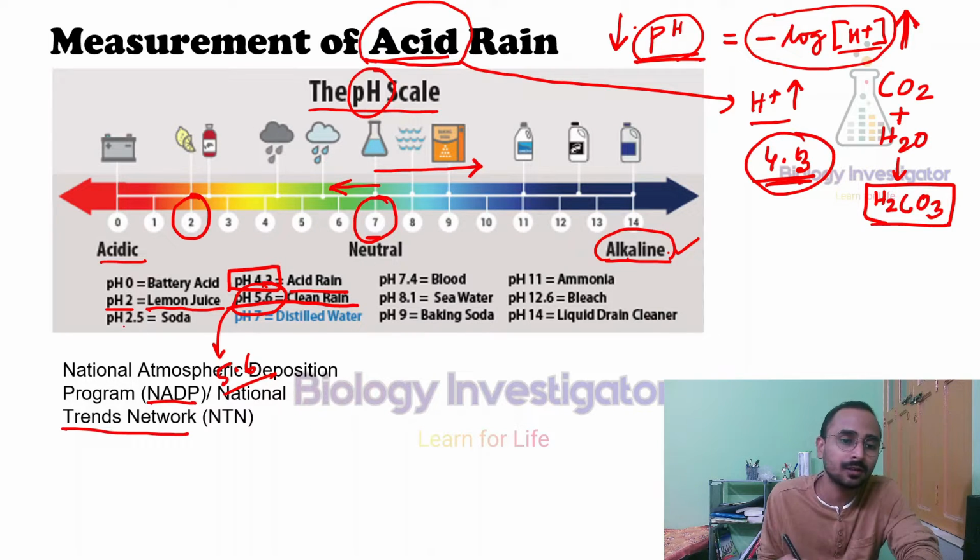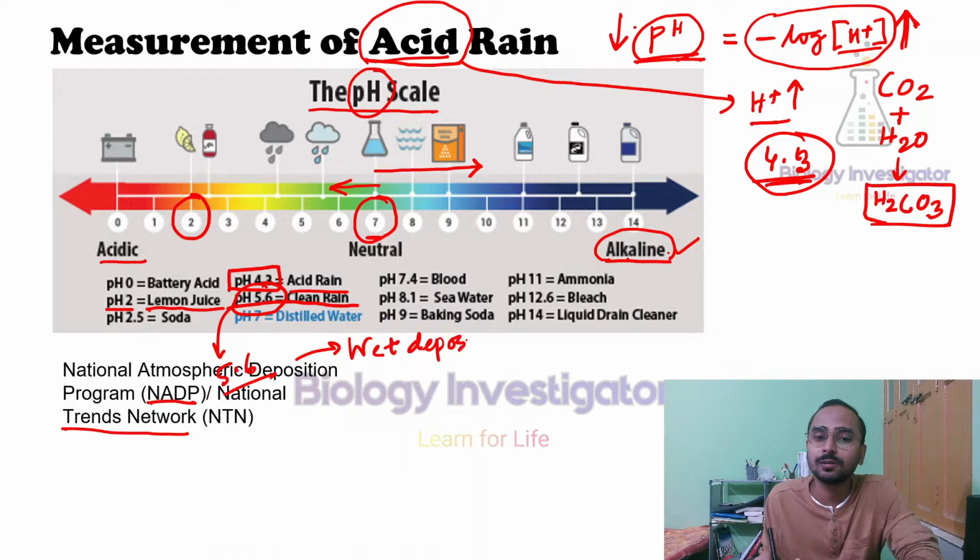And this National Trends Network measures wet deposition. Please note it down. They measure wet deposition, that means rainfall, this rainwater, the pH of rainwater. So these things are measured by this program and this network.